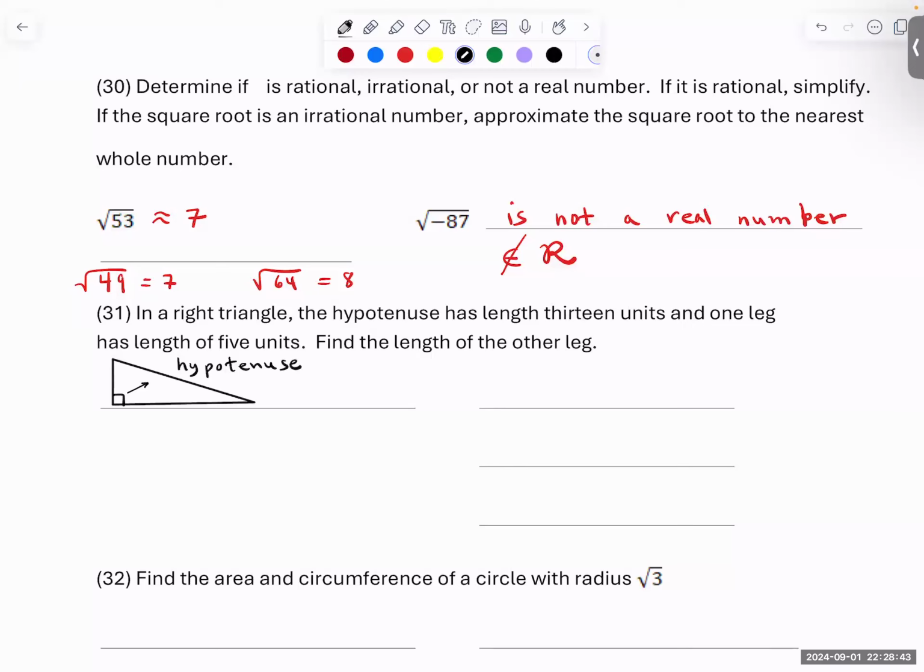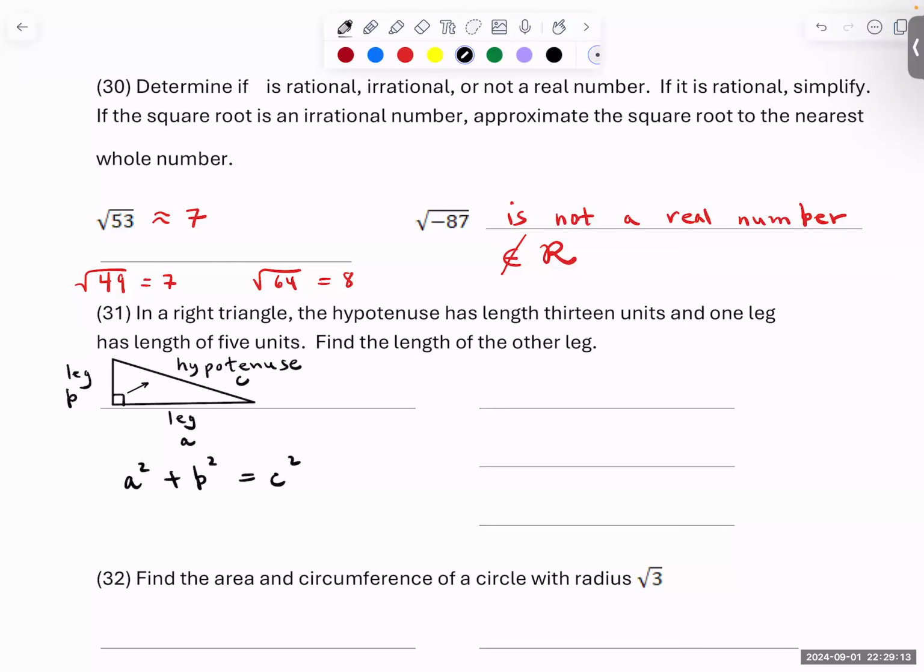And the other 2 sides that are perpendicular are called legs. The legs have length A and B, and the hypotenuse is always length C. And the relationship between A, B, and C is that the sum of the squares of the legs is equal to the square of the hypotenuse.